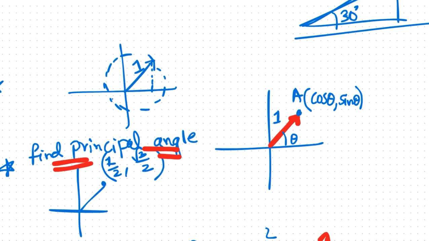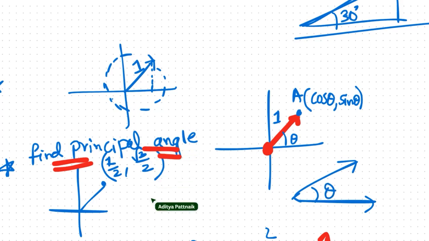And obviously, in this question, it is in standard position. Standard position means starting from the origin, with the initial arm pointing towards the positive x-axis. Angle means something like this, right?